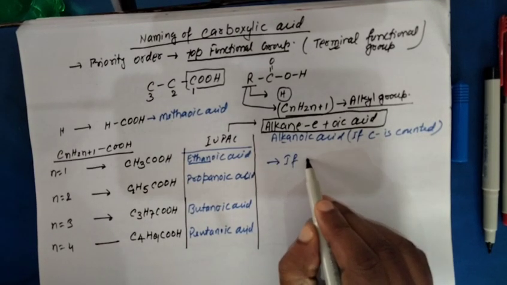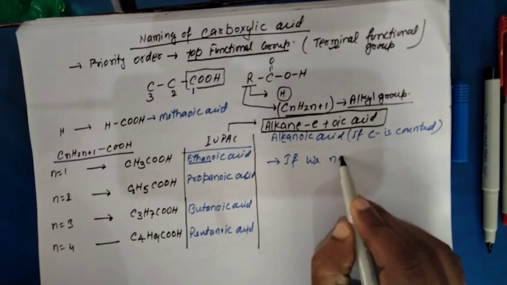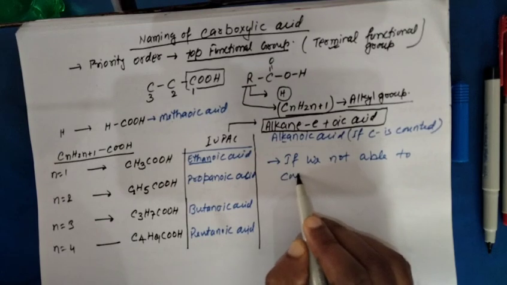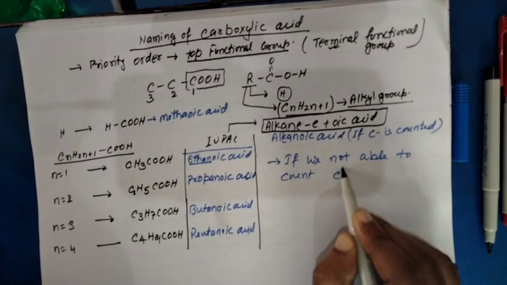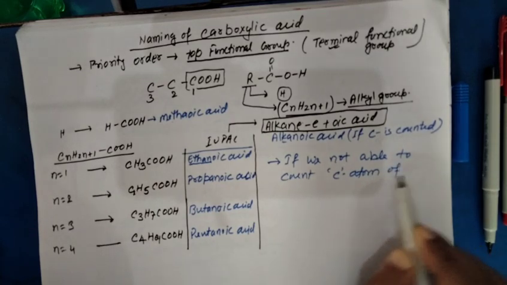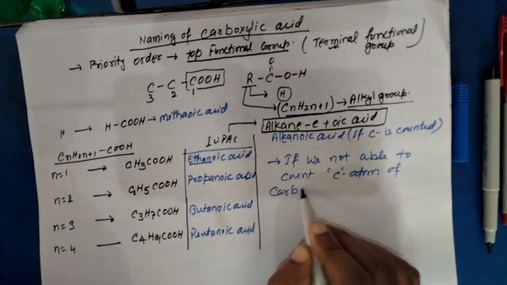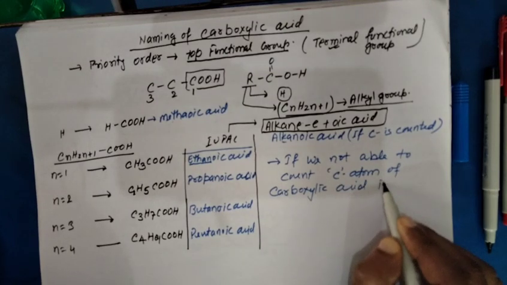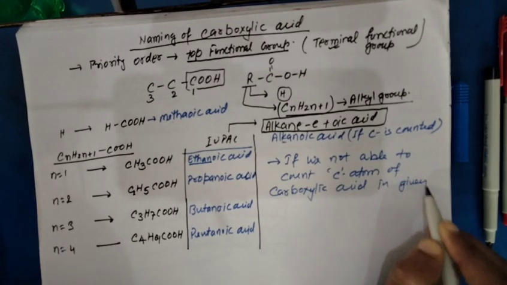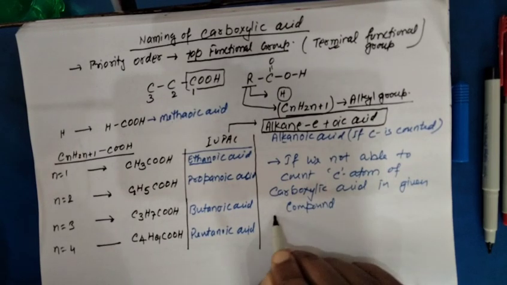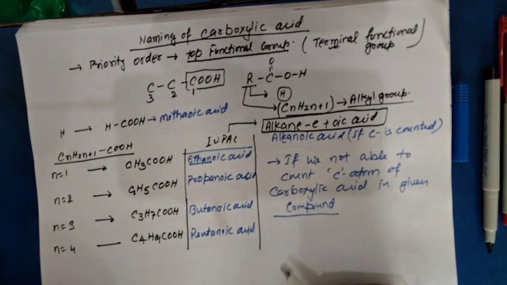If we are not able to count the C atom of the carboxylic acid in the given compound, then the rule just changes.